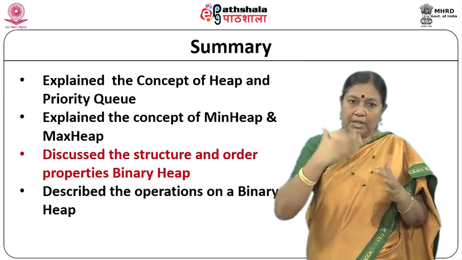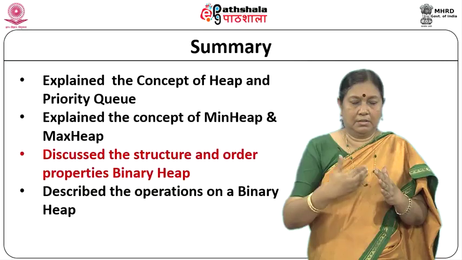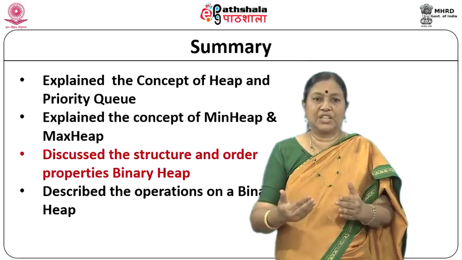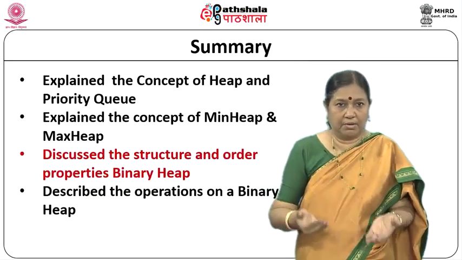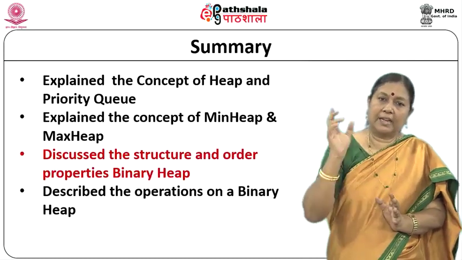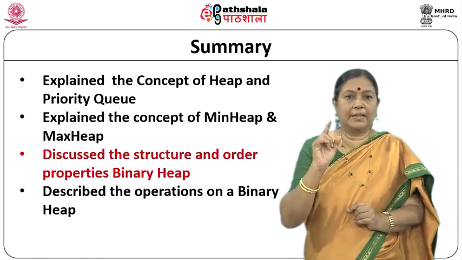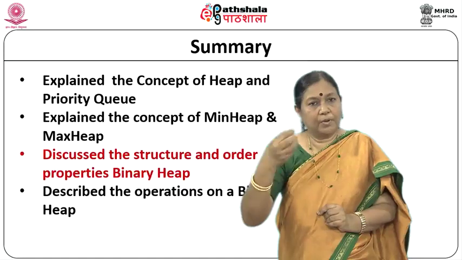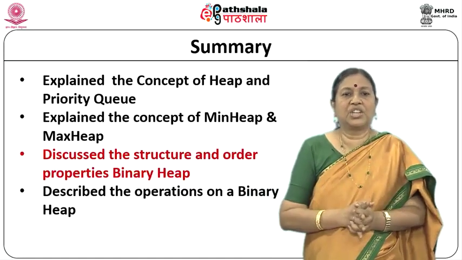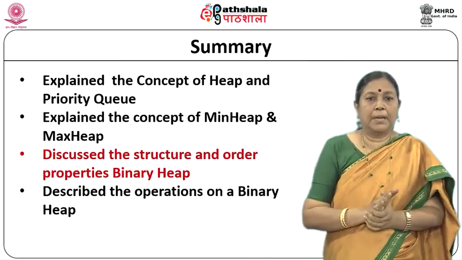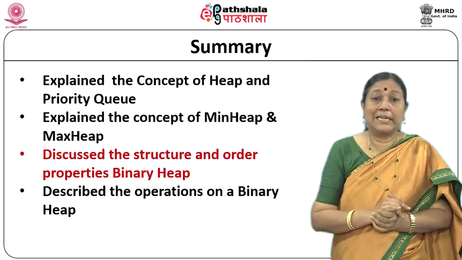Then you reorder it, because you have removed the root element; it is a deletion, so you do the bubbling down. After you do that, again the tree will contain the lowest element at the top, and you keep removing it. So, this is the way in which the min heap can be used for sorting elements in decreasing order.